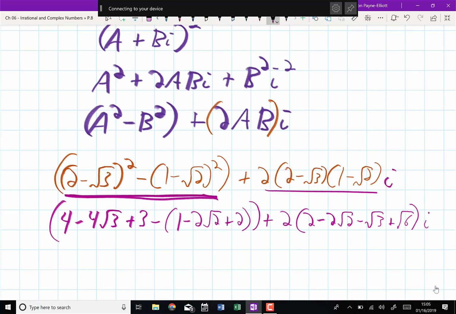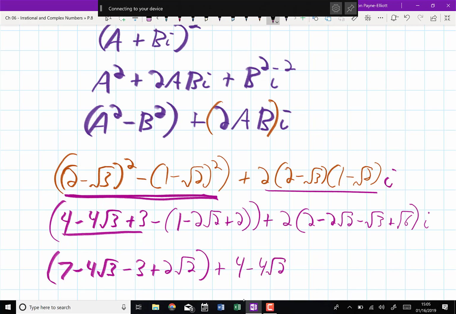And just so it doesn't become too complicated, let's add those. This is 7 minus 4 root 3, minus 3 plus 2 root 2, plus, and we're just going to distribute that 2 here on the right. (4 minus 4 root 2 minus 2 root 3 plus 2 root 6), all in parentheses with a little i after.